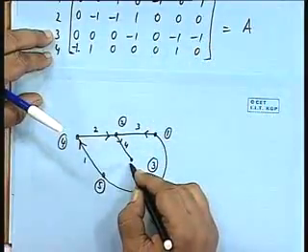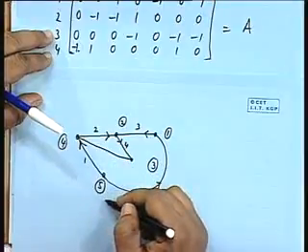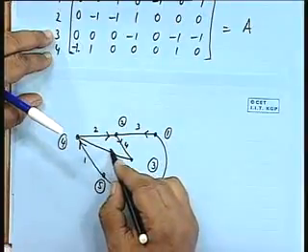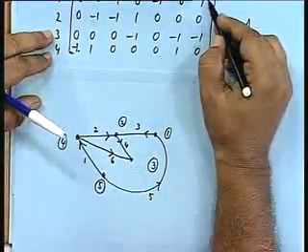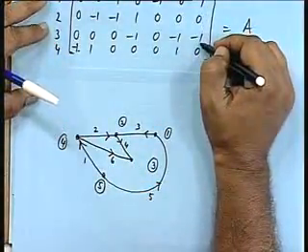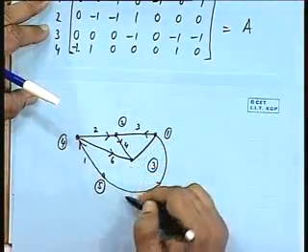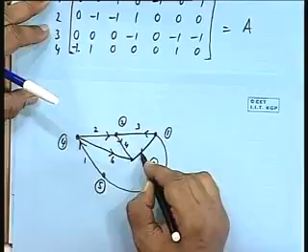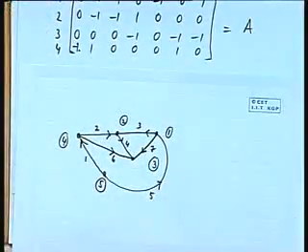So node 3 and 4. So this is 6. And 7 is between 1 and 3. So between 1 and 3, this is element number 7. So this is the type of graph.